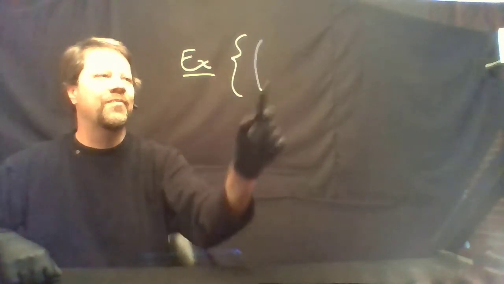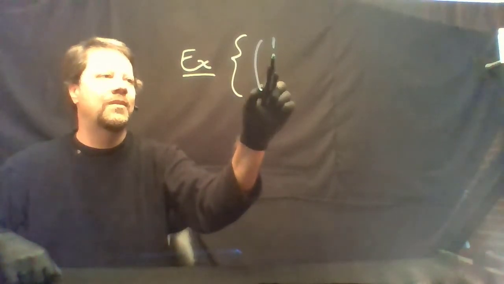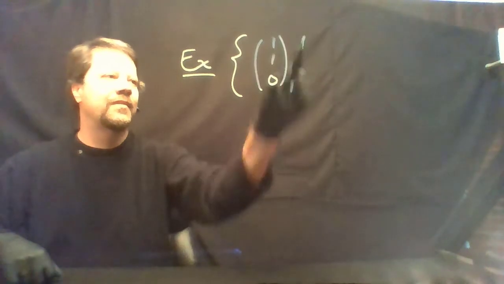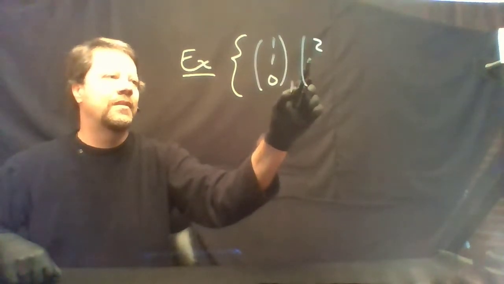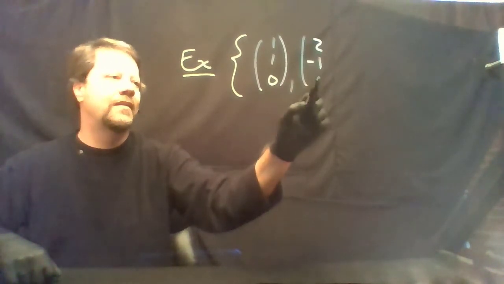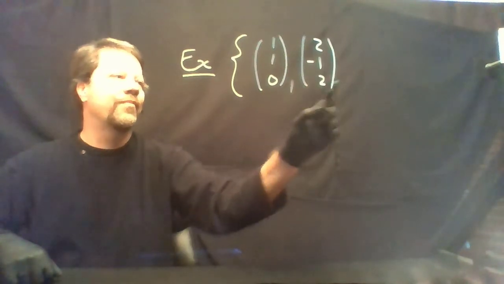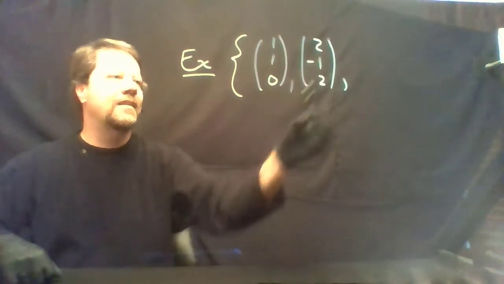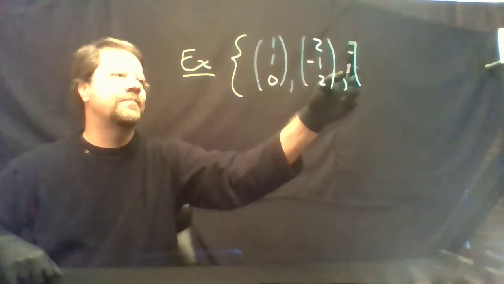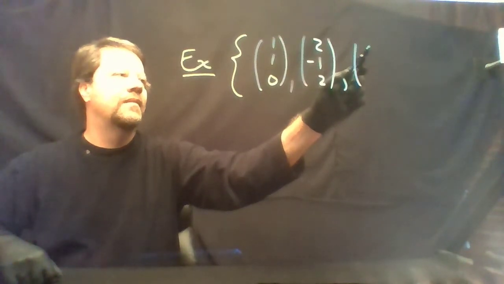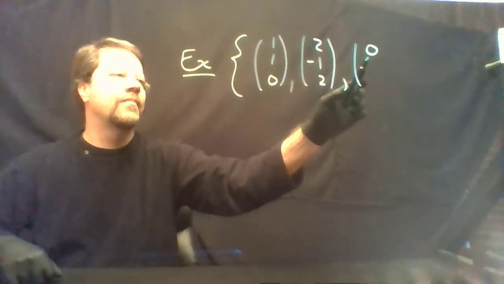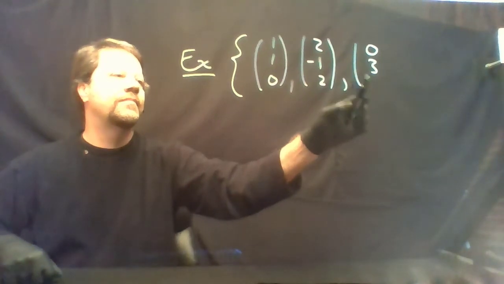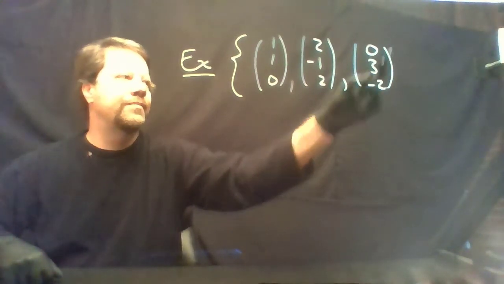Let's look at the following collection of vectors. Let's have 1, 1, 0, 2, negative 1, 2, and let's see, how about 0, 3, negative 2.